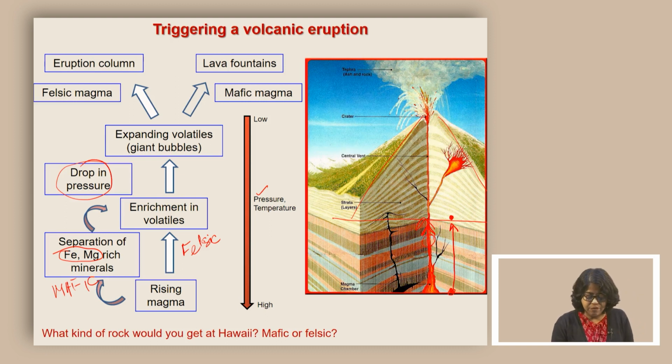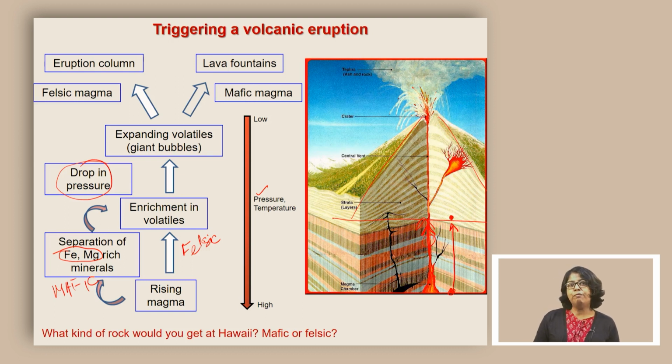Now, if we are talking about primarily felsic magma, where the silica proportion is somewhere around 70 to 80%, then they are still quite sticky, because as we said, silica actually makes them highly viscous.